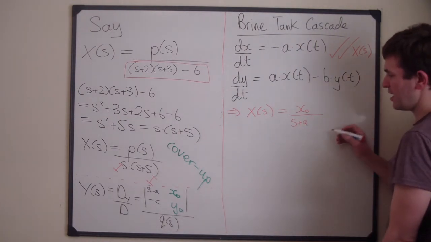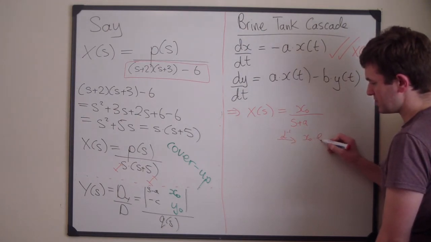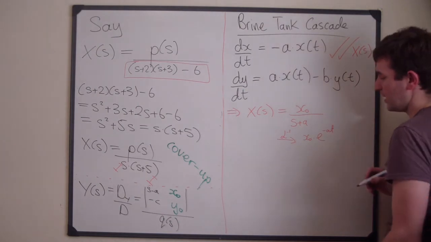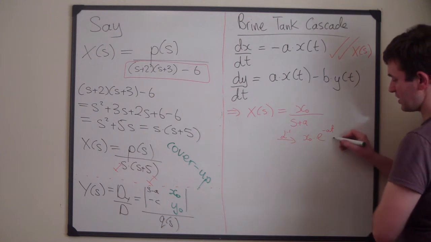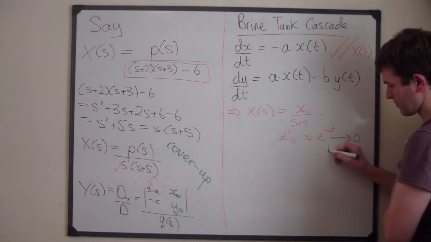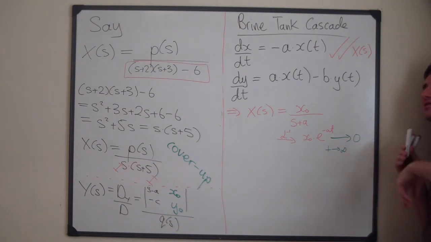Of course that goes back, in the inverse Laplace transform, to x0 times e to the minus at, and that goes to 0 as time gets big. You'll see me writing this in the notes.